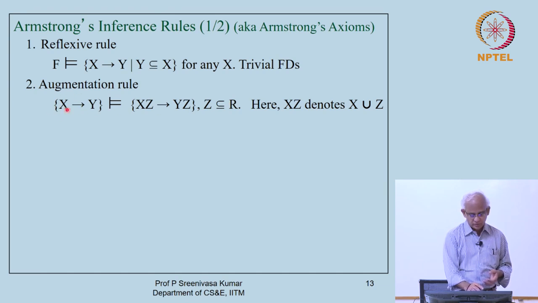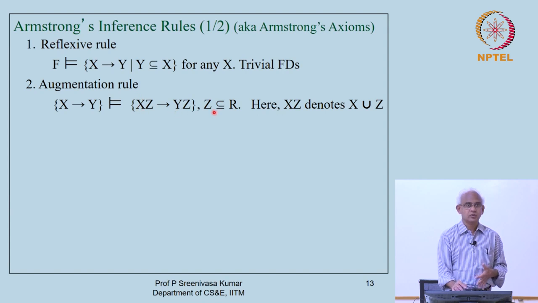Given that on any instance, if X determines Y holds, then we are saying that XZ determines YZ also holds. It is not very difficult to see this, because we are adding the same set of attributes on the left hand side and right hand side. Let us argue that this is correct.